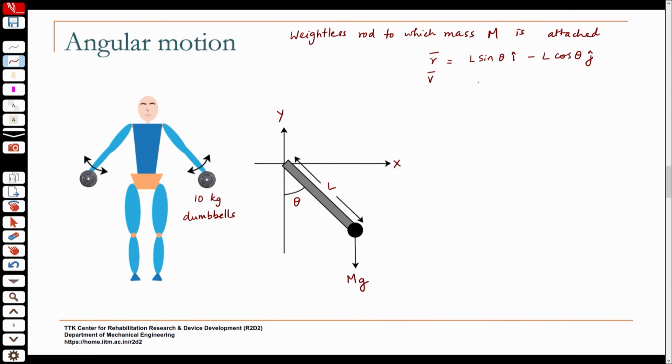The velocity is dr by dt. What do I get here? L cos theta d theta by dt along i plus L sin theta d theta by dt along j.